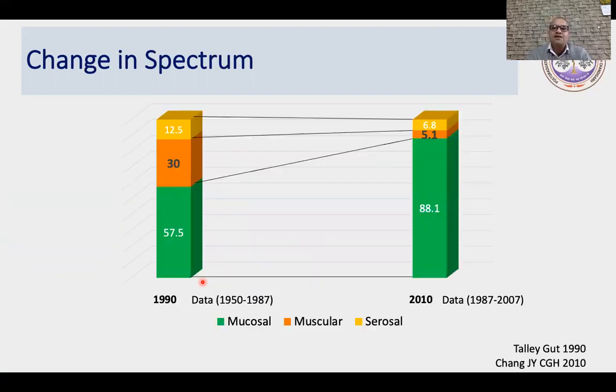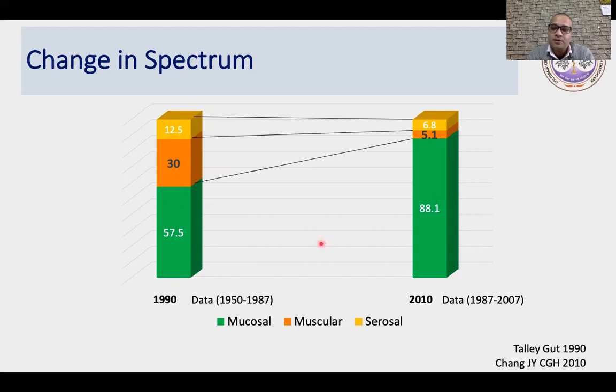Now, coming to the clinical spectrum, these are two studies from the same center in the United States which looked at data on eosinophilic gastroenteritis. In 1990, the published report, which included patients over the previous 4 decades, showed that around 57% had mucosal involvement, 30% had muscular involvement, and around 12% had serosal involvement.